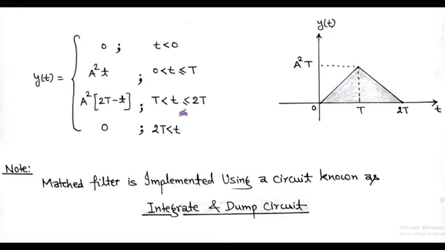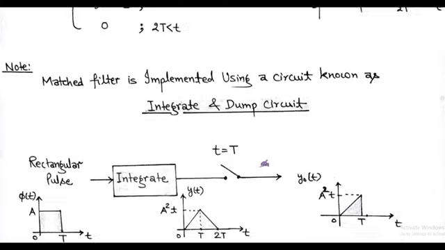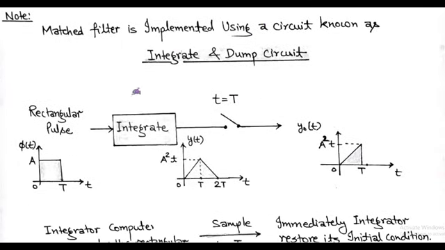Accordingly, we conclude that the matched filter is implemented using a circuit known as the integrate and dump circuit. Here the integrator is used to get the ramp signal. The input is a rectangular pulse denoted by phi(t). After integration, we get y(t), that is shown in the figure.